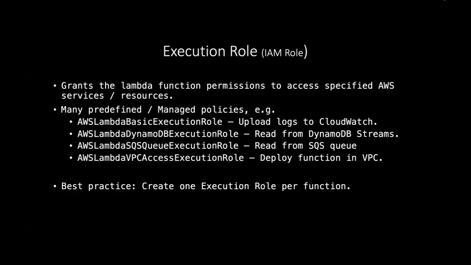So there are two parts to a Lambda function in terms of its IAM permissions. One is what the Lambda can talk to or communicate with, and the other one is who can communicate with the Lambda. The execution role controls what a Lambda can do in terms of communicating with other services.